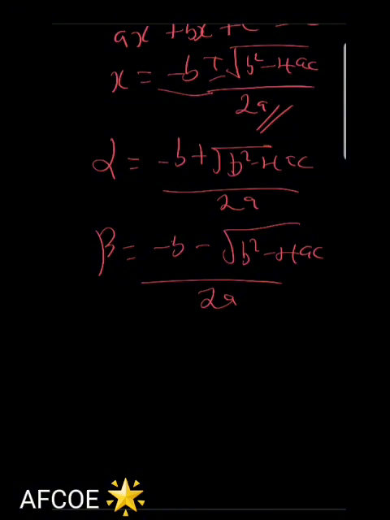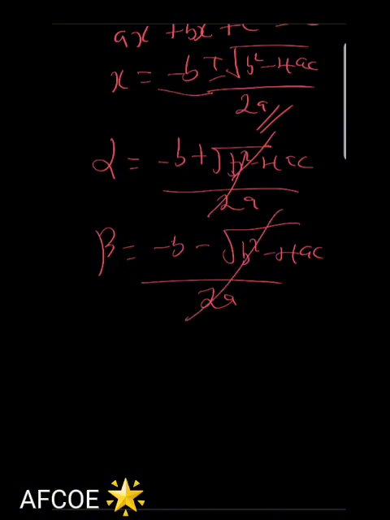If alpha is equal to beta, it means that all of this quantity here, in this other part, has to be 0. If this quantity is 0, you are adding 0 to negative b over 2a, and you are subtracting 0 from negative b over 2a, then alpha will be equal to beta. Are you understanding? So all of this quantity has to be 0.